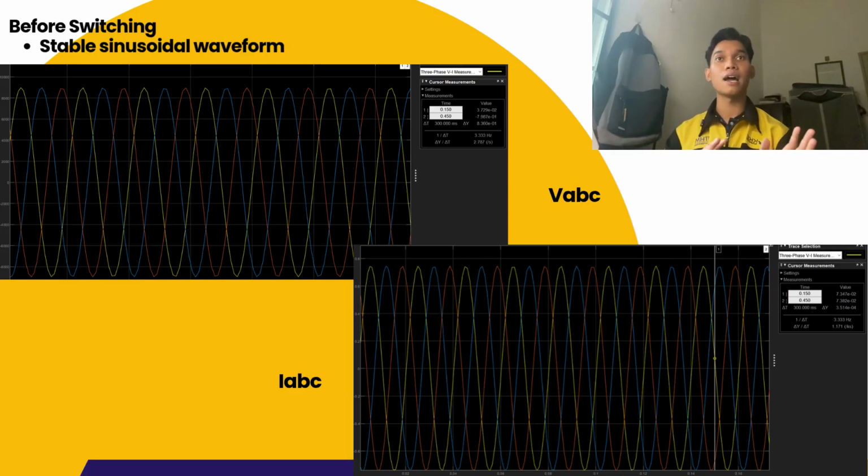No disturbances are observed. For the IABC waveform, the current waveform similarly remains balanced and sinusoidal throughout the simulation period. This indicates stable system operation and serves as the reference condition before any disturbance occurs.